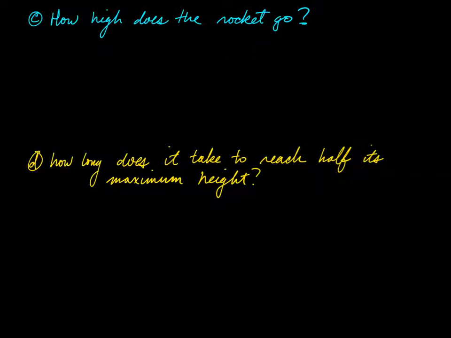We already found out how long it takes for the rocket to reach its maximum height, 31.25 seconds. If you want to find out how high the rocket went, all you have to do is substitute that into the position function.